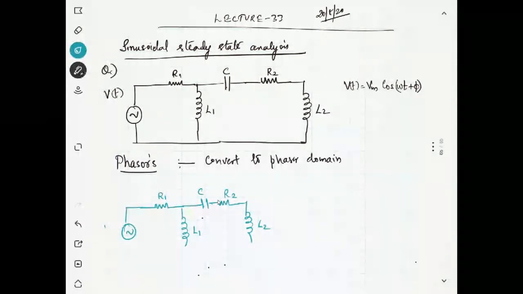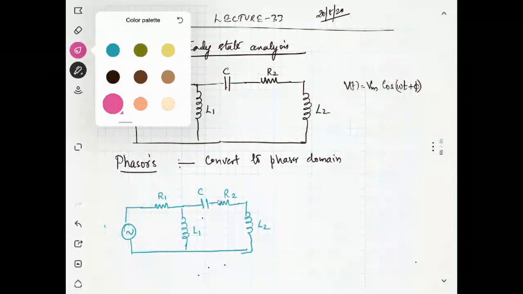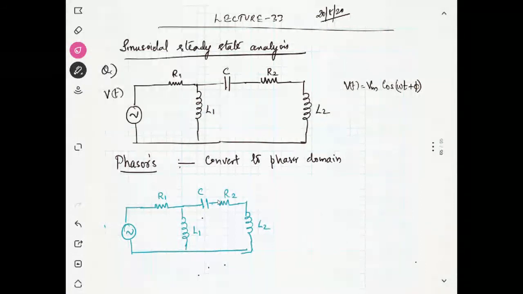Now, can you tell me what the phasor representation for the voltage is? Just Vm and the angle phi. Vm angle phi is our representation.